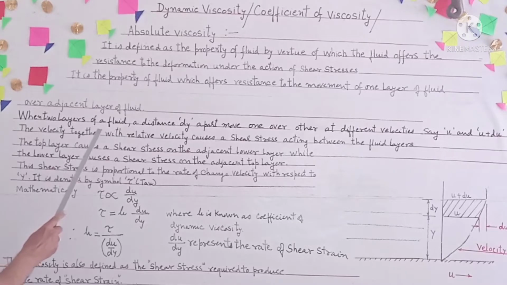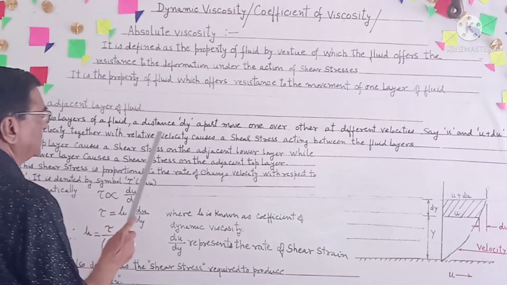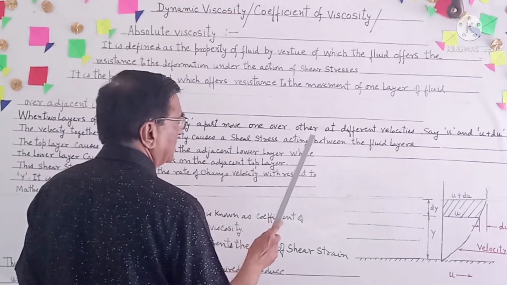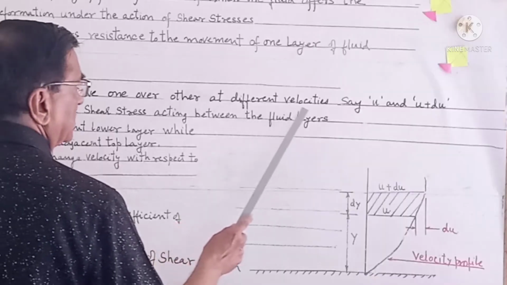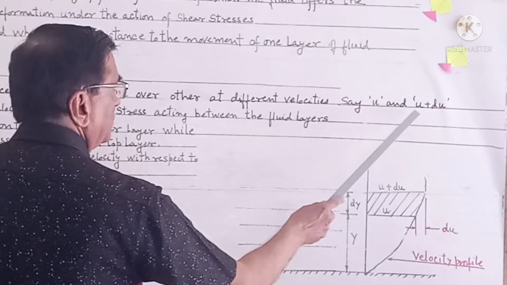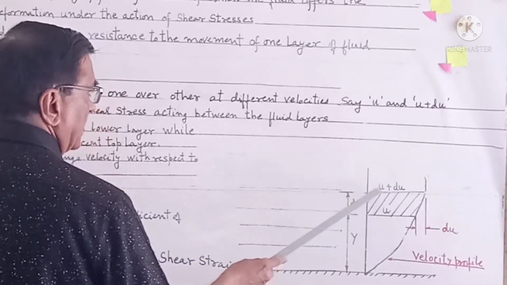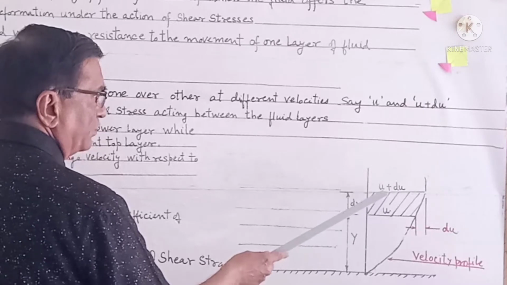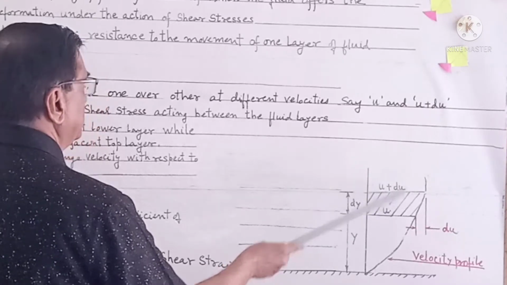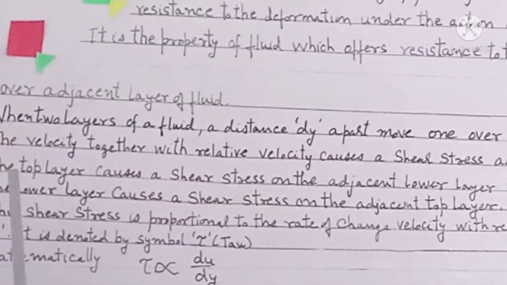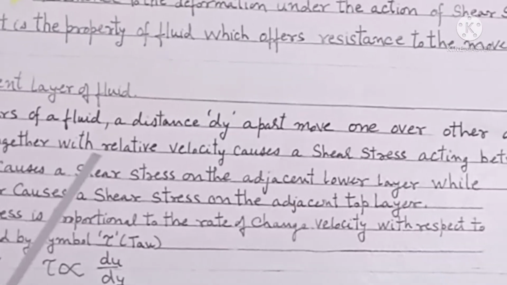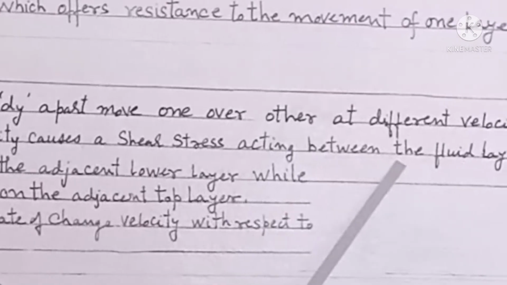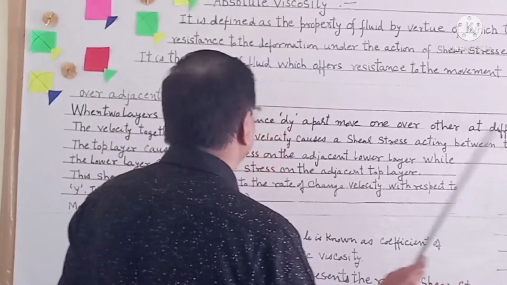When two layers of a fluid a distance dy apart move one over the another at different velocities, say u and u plus du, two layers are there. One is moving with velocity u and another is moving with velocity u plus du. The velocity together with relative velocity causes a shear stress acting between the fluid layers.